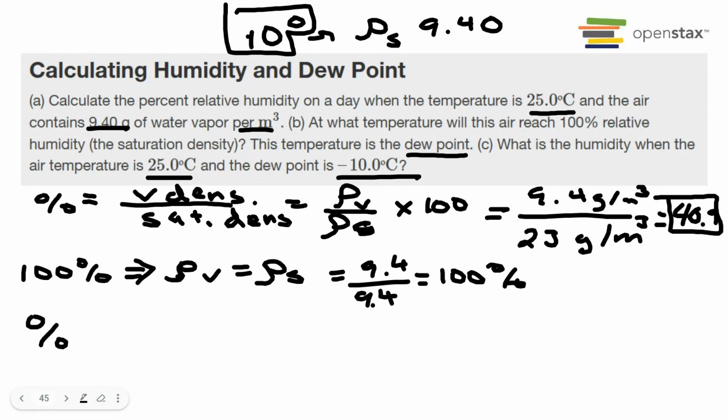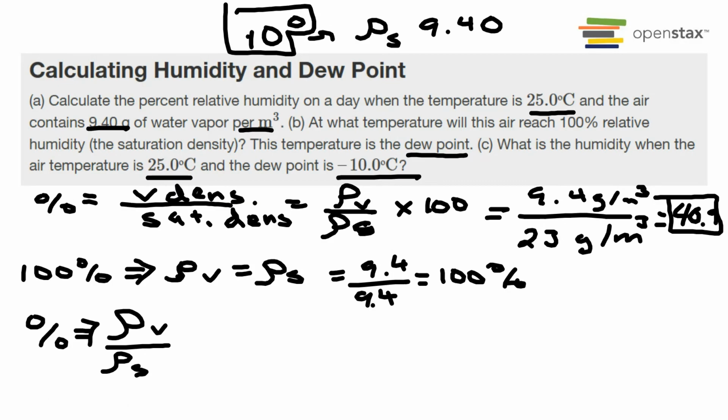We're going to have the percentage of relative humidity, and that's going to be the vapor density over the vapor saturation. If I go way back and look at -10, let me just double check. The dew point is given to be -10 degrees Celsius.